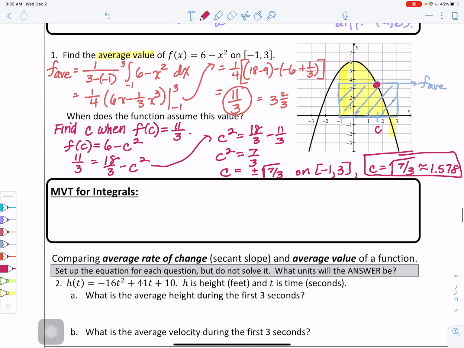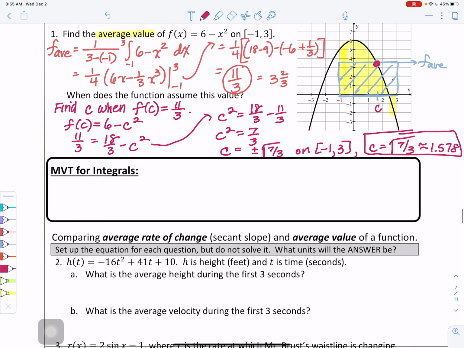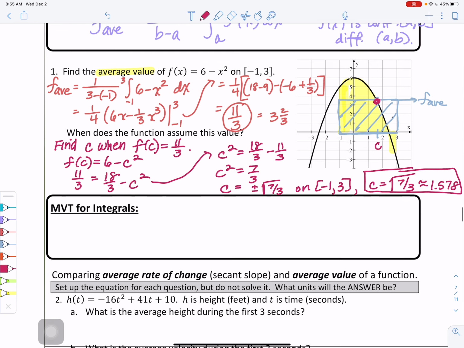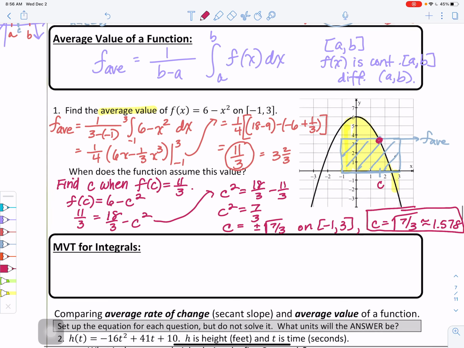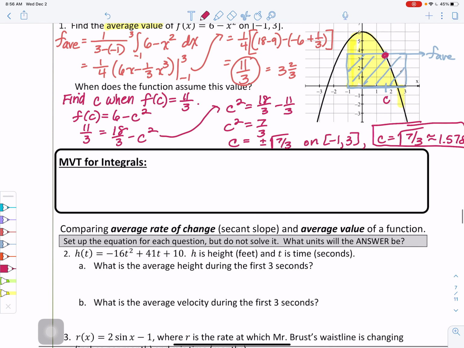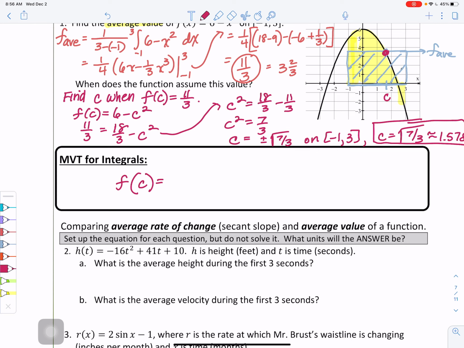Okay, so now let's talk about the mean value theorem for integrals. And that's really this same thing that we just talked about, the average value of a function. So f of some value c is equal to 1 over b minus a multiplied by the integral from a to b of f of x dx.